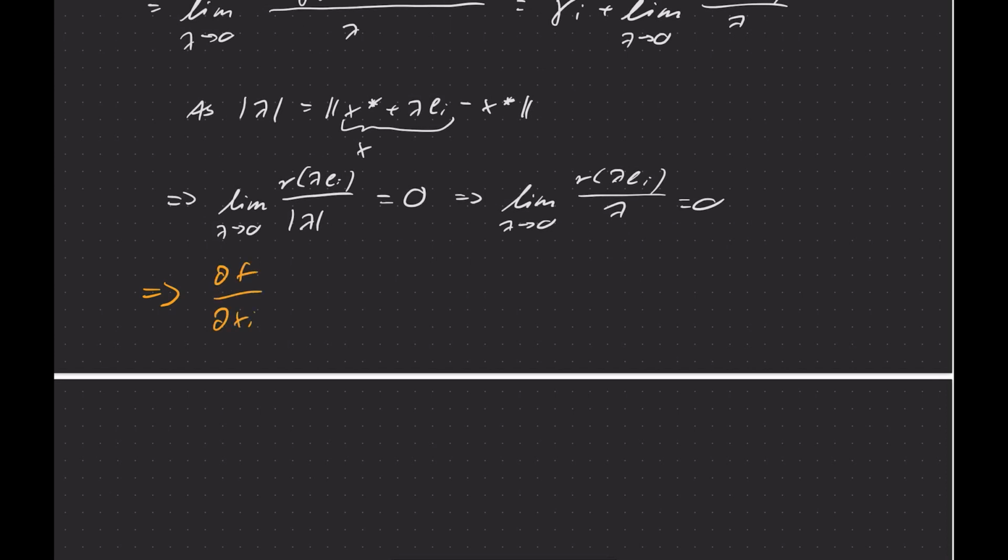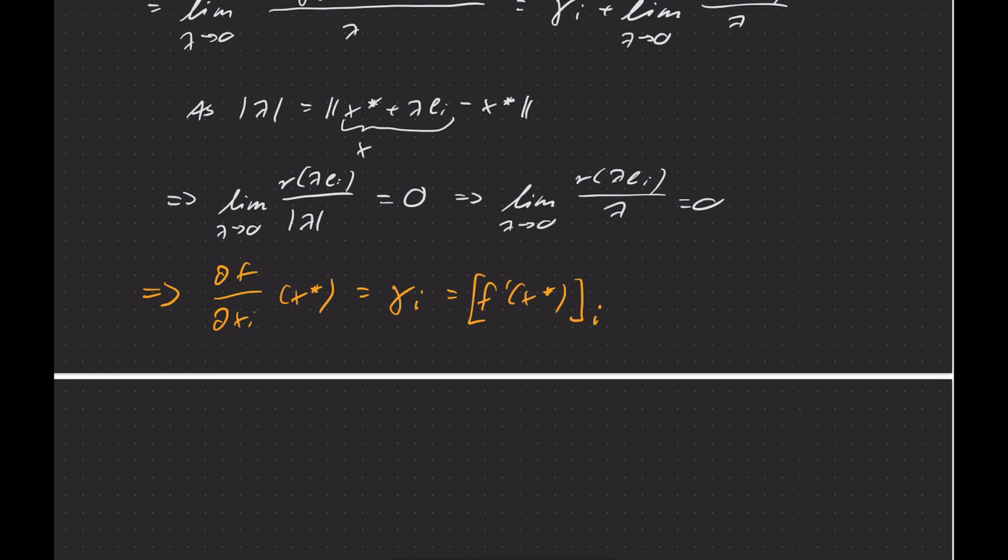df dxi at x star is exactly gamma i. And that is exactly f prime at x star, and then taking the ith coordinate of that. So, conclusion.